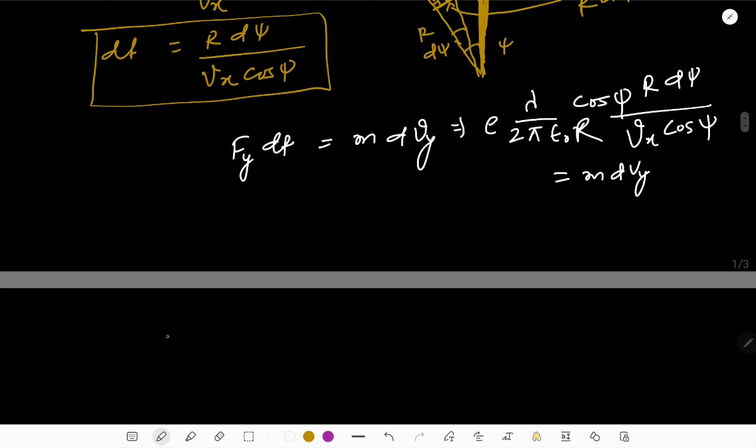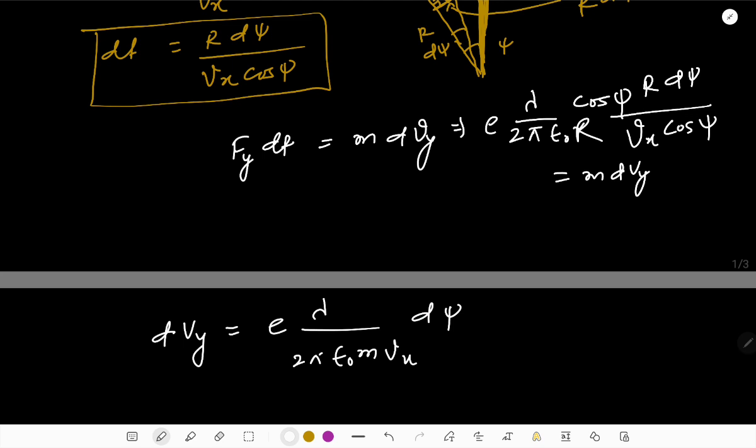That is why I should write dVy equals e lambda by 2 pi epsilon naught m r, m I have taken to the right side, and r also gets cancelled out. That means we have only d psi left in the numerator, and Vx in the denominator.